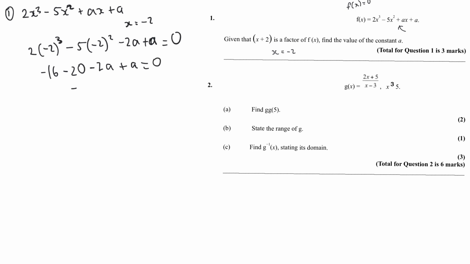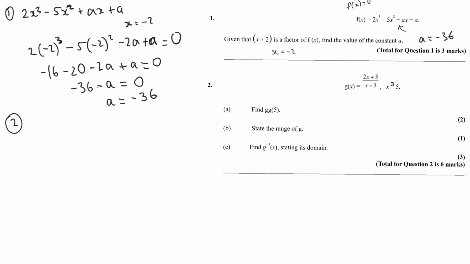So if we rearrange that, that's minus 36. And then minus 2a plus a would be minus a, and then that would be equal to 0. So then we rearrange that, a would be equal to minus 36. So that's our final answer for that question.